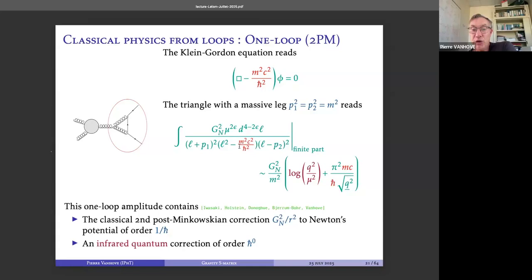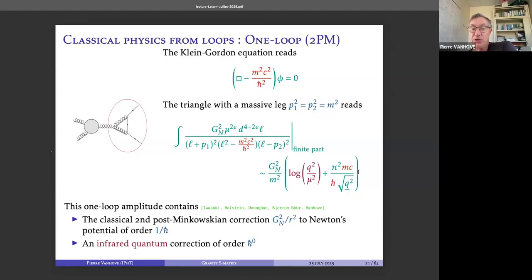So when you do the small h bar expansion of that triangle, this term can become very big. If you do that properly, the behavior of that integral when h bar goes to 0 has a term that is mc divided by h bar, again a pole in h bar, times square root of Q square, plus a piece that is the log with no h bar, Q square divided by the renormalization scale.